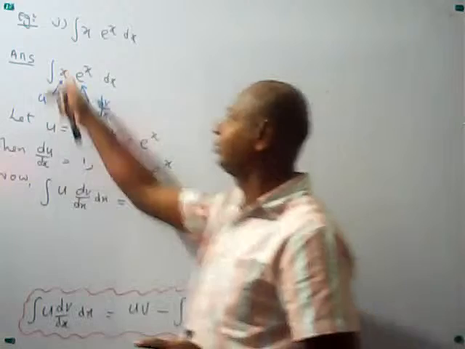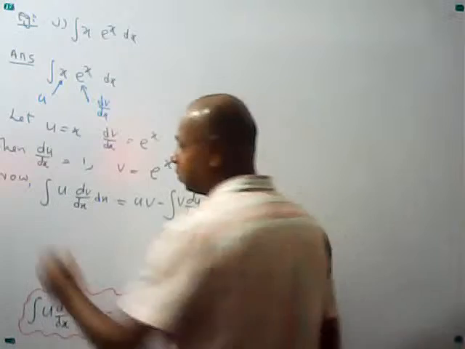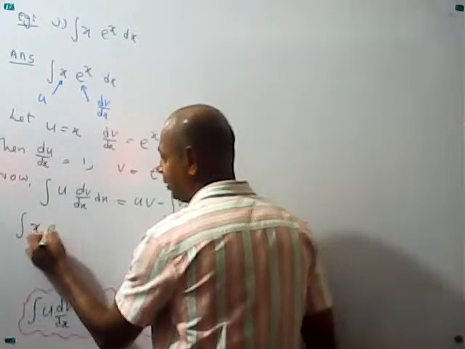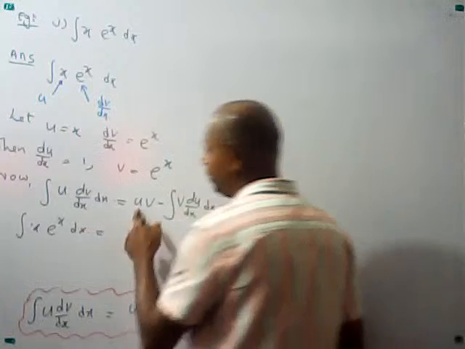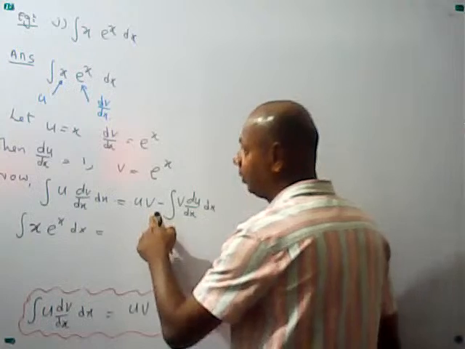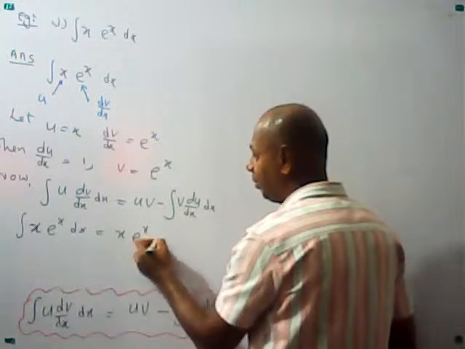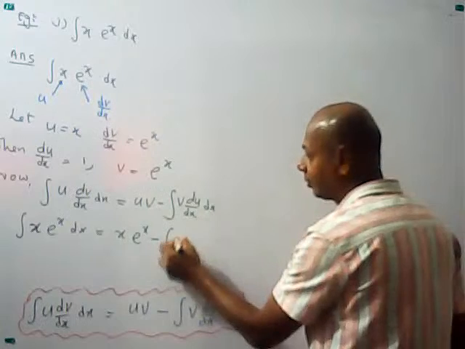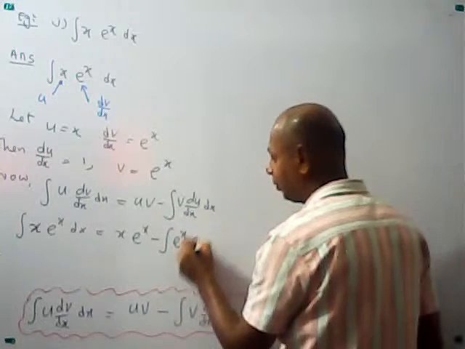Here u dv by dx is x e^x, so the left hand side is the integral of x e^x dx. On the right, uv is x times e^x, minus the integral of v, which is e^x, times du by dx, which is 1, dx.